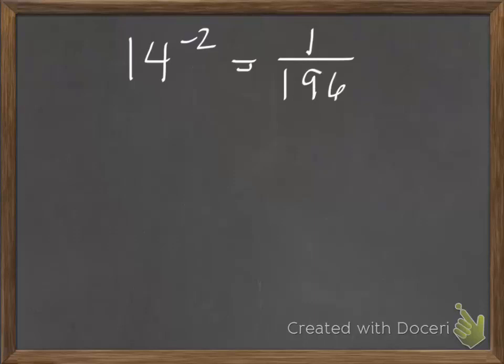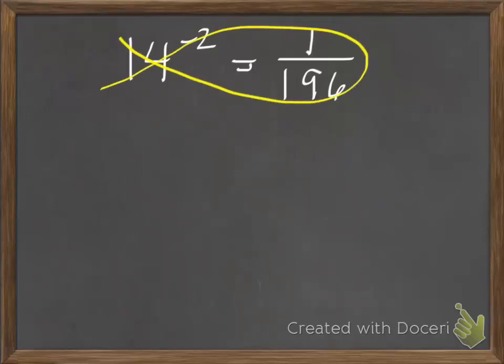Let's do one more. Remember, negative exponents means we move it to the denominator. So when I fish this, this is my base. This is what I'm taking it of. This is my answer.